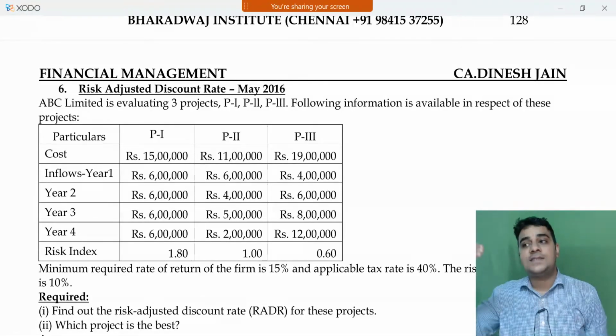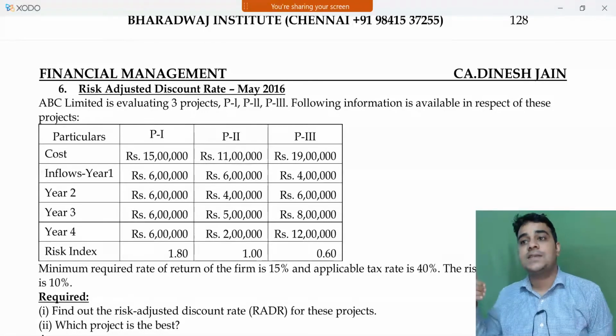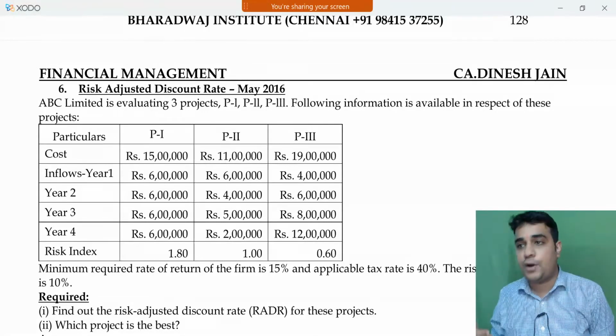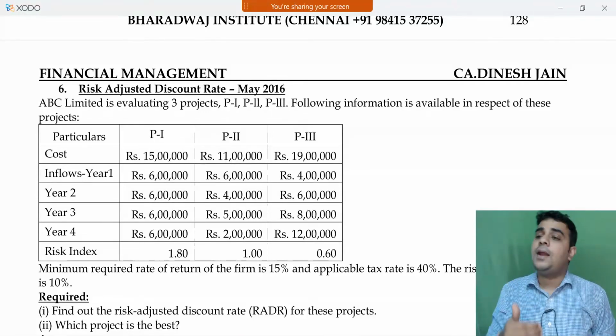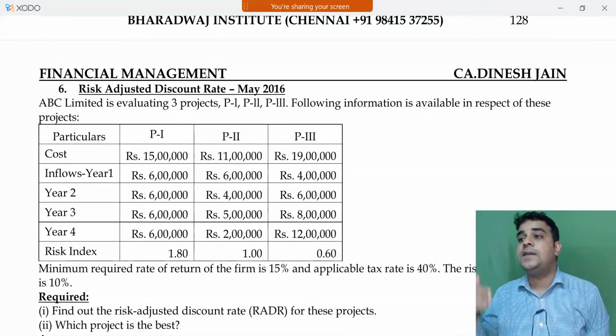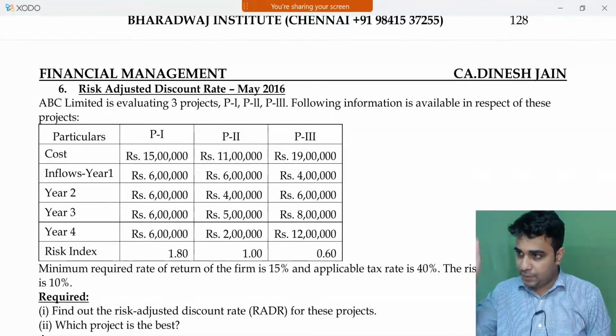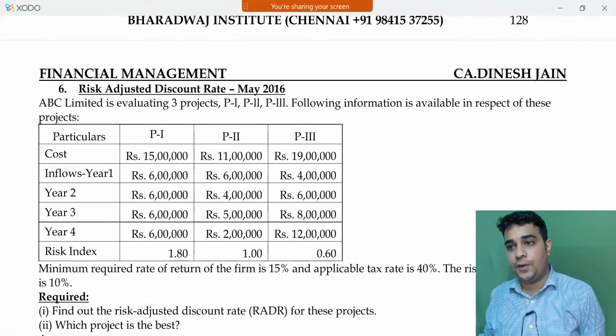But some projects carry more risk, some projects carry less risk. So using the same discount rate for all projects is not logical. So under the RADR approach, we are going to use different discount rates for different projects. Calculation of NPV is simple: year, cash flow, PVF, DCF, but the discount rate can be different for different projects.